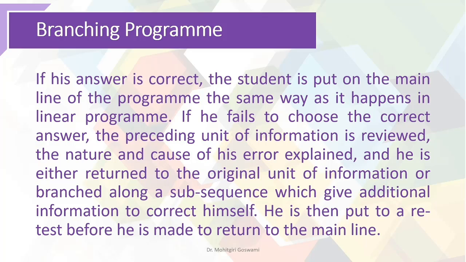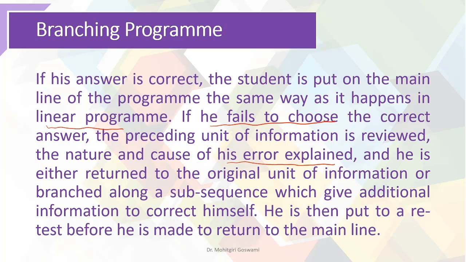So here the branching program is different from the linear program. If the student fails to choose the correct answer, then he will be redirected to subframes to correct his error. So in a branching program, if the student is responding correctly, then it will be the same as a linear program.